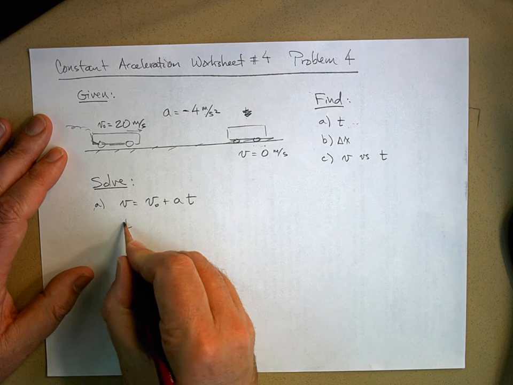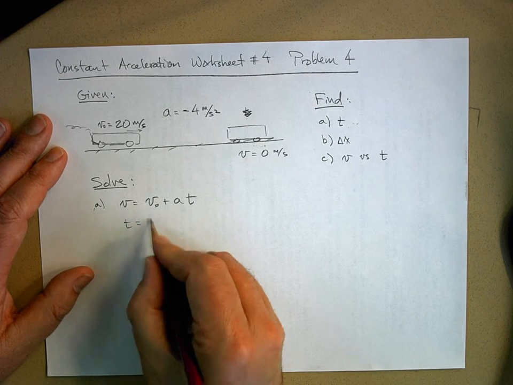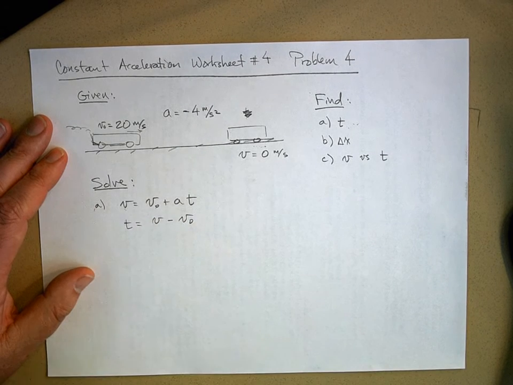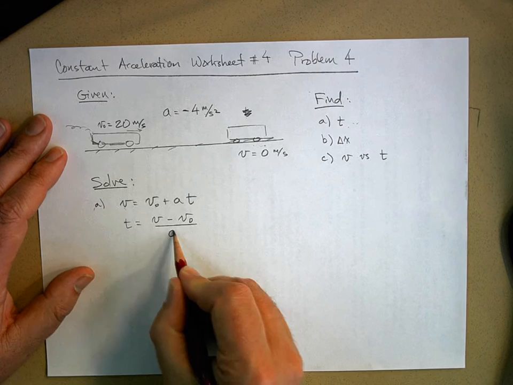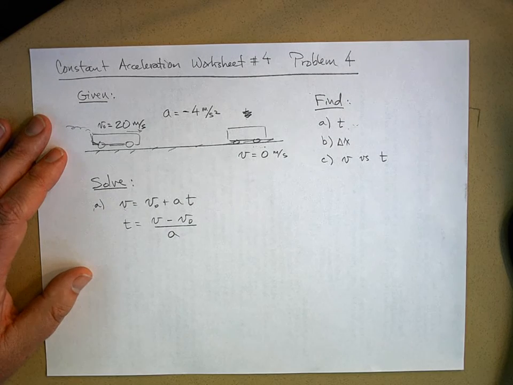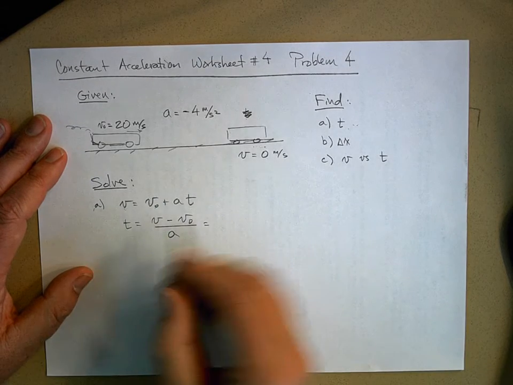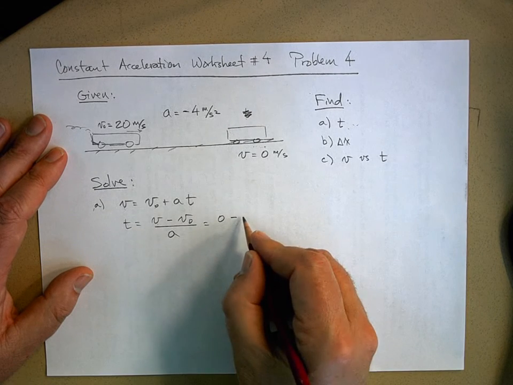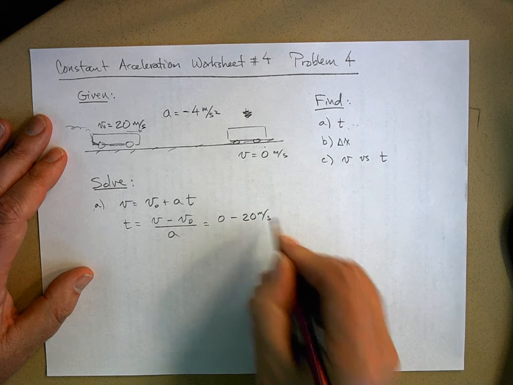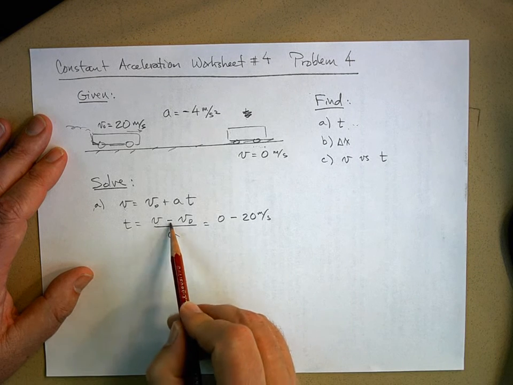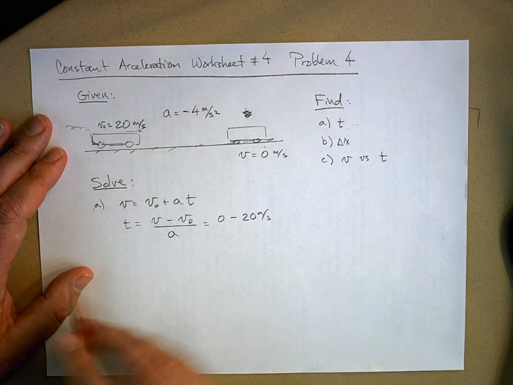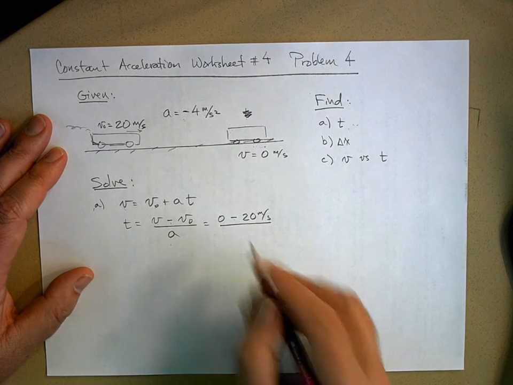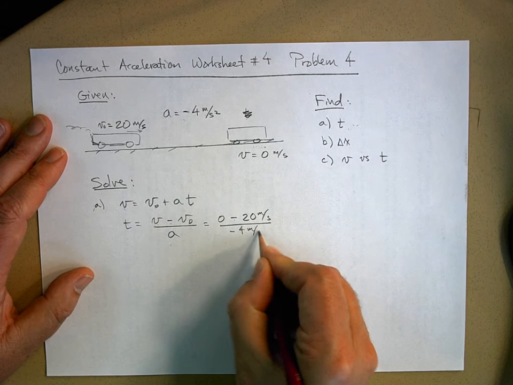So now I'm going to solve this for time. I'm going to do it in one step. Time is equal to v minus v naught, right? Because I got to subtract this to the other side, divided by the acceleration. Now I can plug in values. My final velocity is 0. My initial velocity was positive 20 meters per second, but it's v minus v naught, so minus 20 meters per second, divided by the acceleration, but that's negative 4 meters per second squared.